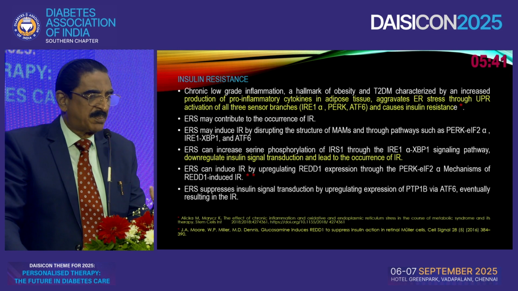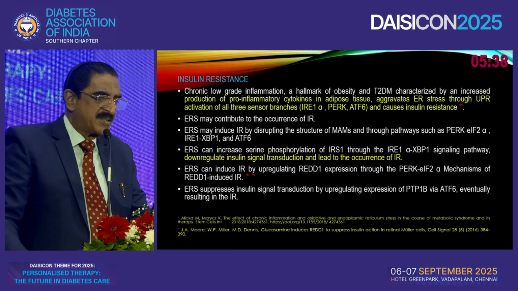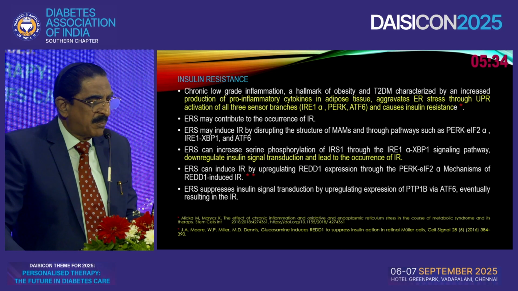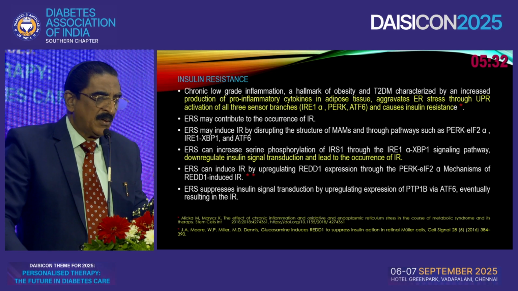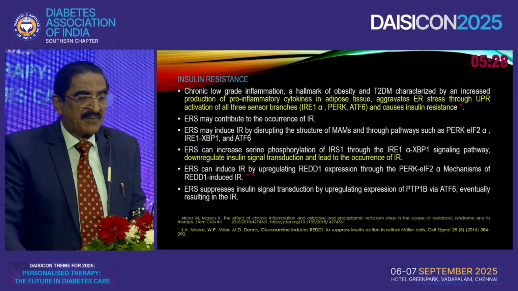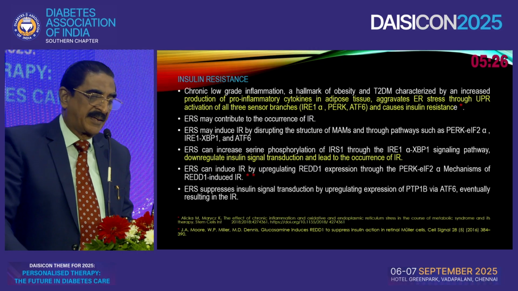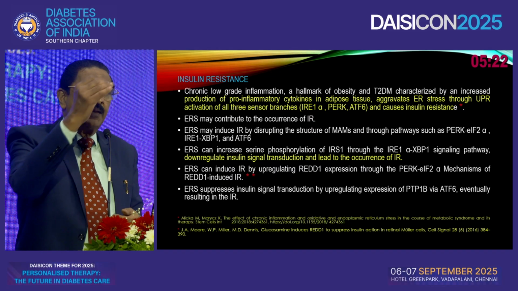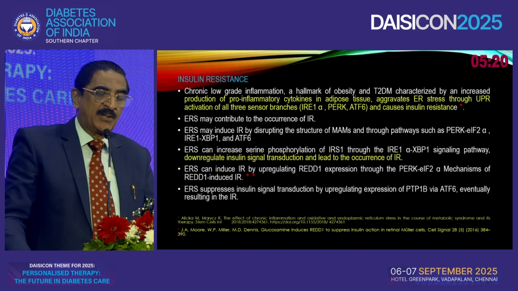What is the role of this particular entity in clinical medicine as far as insulin resistance and insulin deficiency are concerned? So low-grade inflammation causes production of pro-inflammatory cytokines in adipose tissue, aggravates ER stress through the UPR activation, and also down-regulates insulin signal transduction, the IRS1 and 2, and leads to the occurrence of insulin resistance.